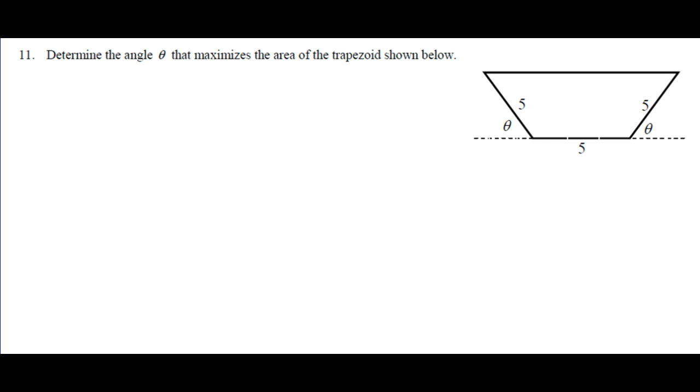We could do it with 5. All right, what's the formula for the area of a trapezoid? It's 1/2 times a plus b times h, where h is the distance between the parallel sides, and a and b are the lengths of the parallel sides.